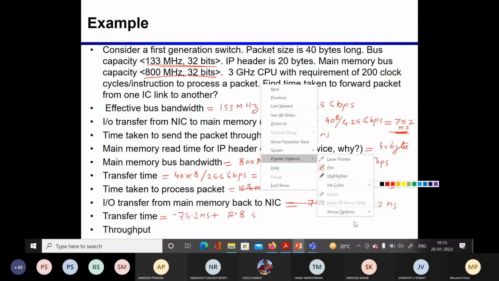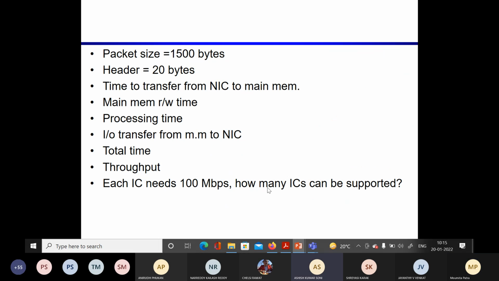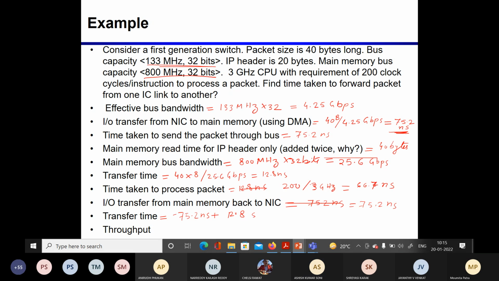Ma'am, I have one doubt. Here it is written 200 clock cycles per instruction. So do we need to count all the number of instructions or not? No, it is written per instruction. As I was saying, here we are just assuming that the header is going to take just one instruction, and that is how we are calculating the time.